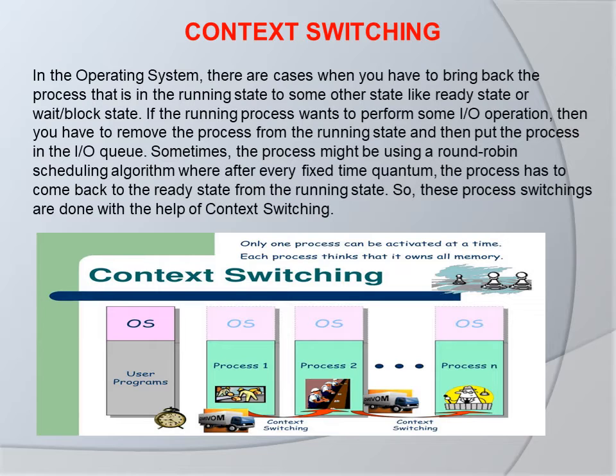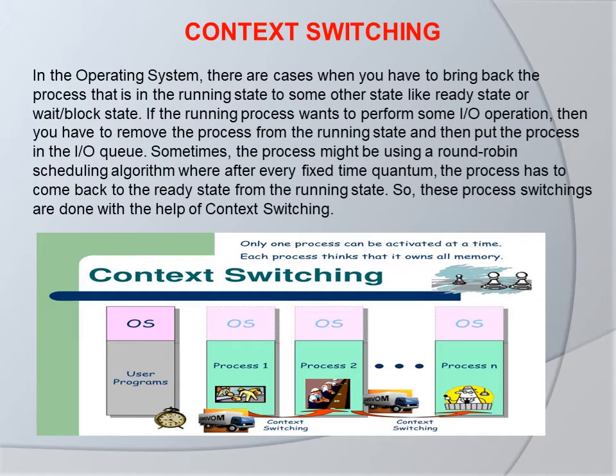This situation happens in the life cycle of a process. If the running process wants to perform some input output operation, then you have to remove the process from the running state and put it in the queue of input and output. Means if some process is running and it requires some input output operation, that process will be removed from the running state and will come to the resource queue, that is the requirement of input and output.